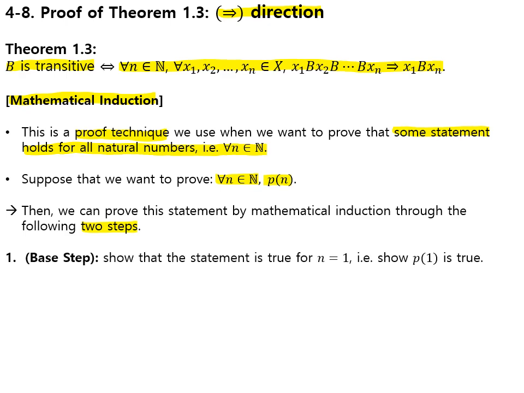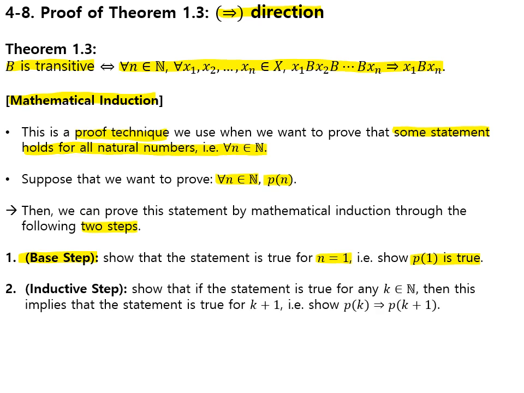The first step is called the base step, and in this step, we show that the statement is true for n equals 1. In other words, we show that P1 is true. Next, in the inductive step, we show that if the statement is true for some natural number k, and this can be arbitrary, then this implies that the statement is true for the natural number k plus 1.